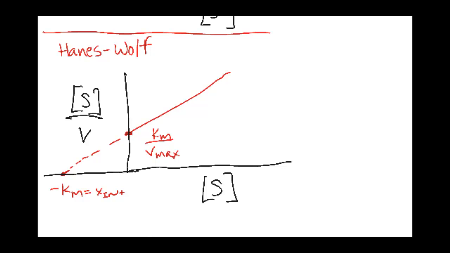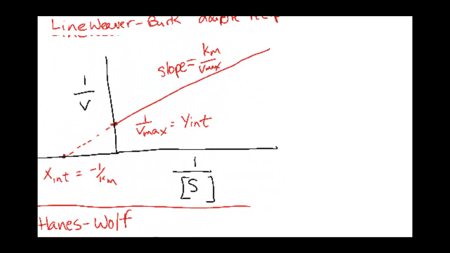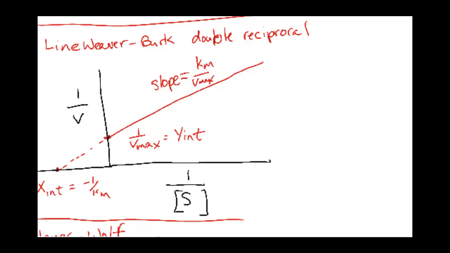So, why might this be beneficial? Well, you will see when I discuss the different types of inhibition in those videos that each inhibitor has its own characteristic Lineweaver-Burke plot.